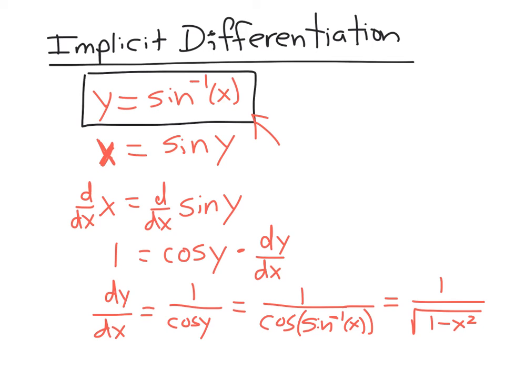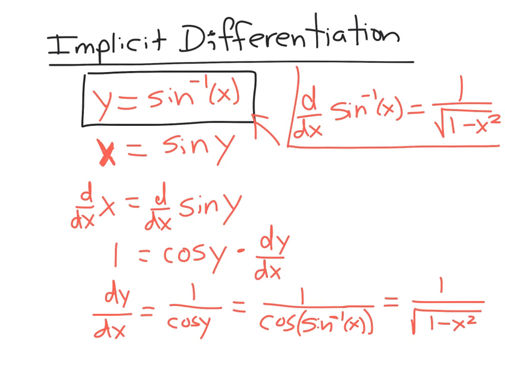The derivative of y with respect to x means the derivative with respect to x of our inverse sine function. And we've shown that to be equal to 1 over the square root of 1 minus x squared. Now you might need to go through that multiple times to see the full logic of how that works. But each of the derivatives of the inverse trig functions are going to work out in a similar way.